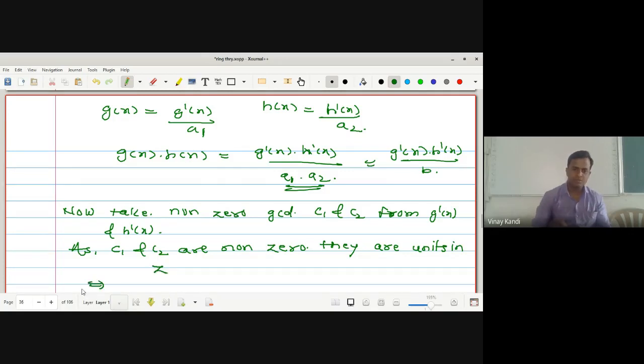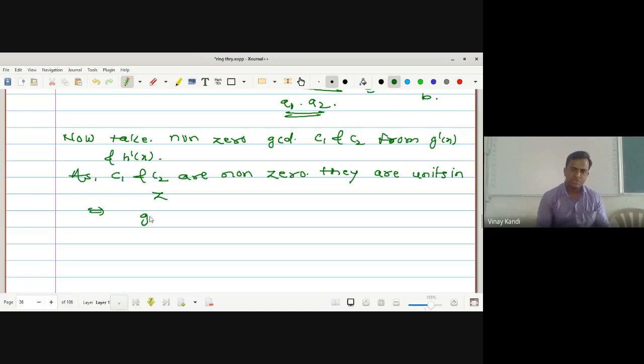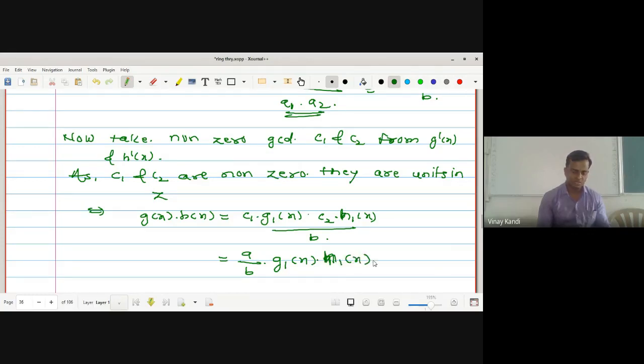So that implies g of x into h of x is equal to c1 into g1 of x, c2 into h1 of x, divided by b, and c1 into c2 upon b is equal to a upon b, so it is g1 of x into h1 of x. As the GCDs are units, g1 and h1 are primitive polynomials. Okay, so this is g of x into h of x.